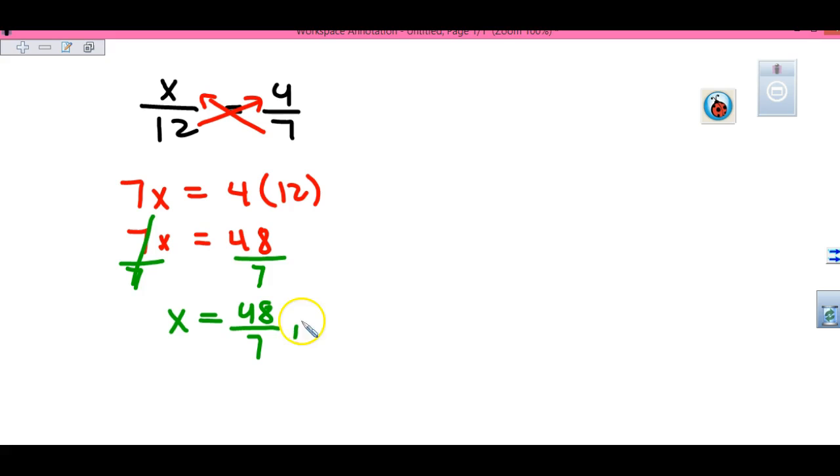Or as a mixed number, we can say x is equal to 6 and 6/7.